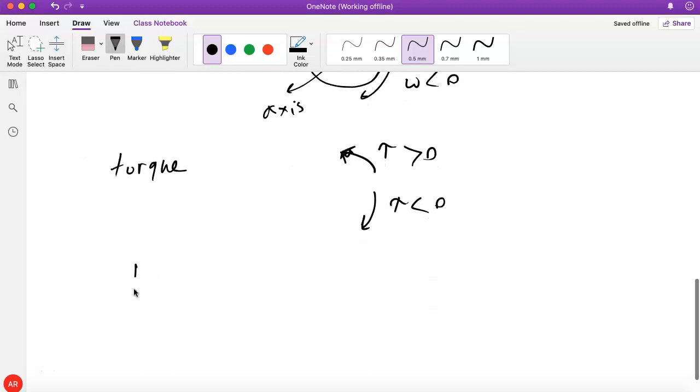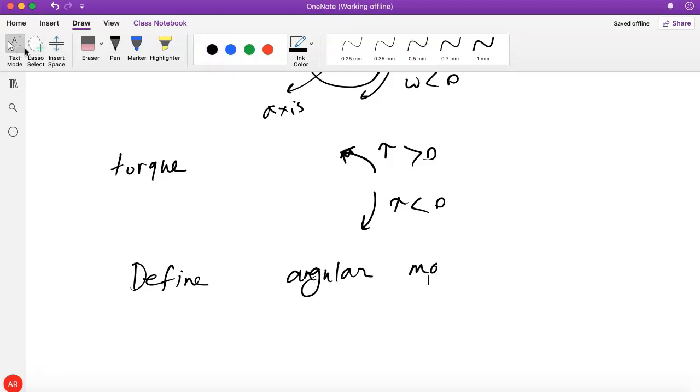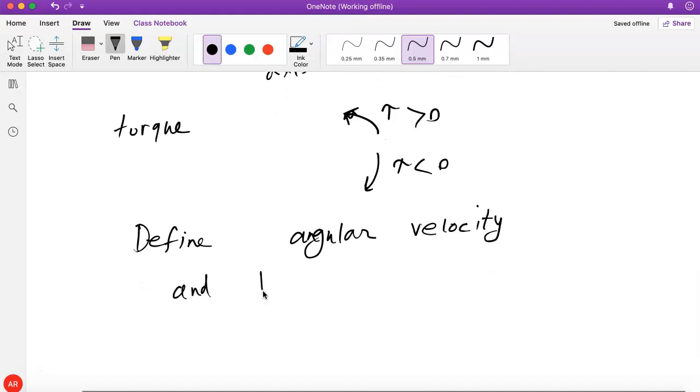So we can define angular velocity and torque vectors. We'll get to angular momentum in a little bit.